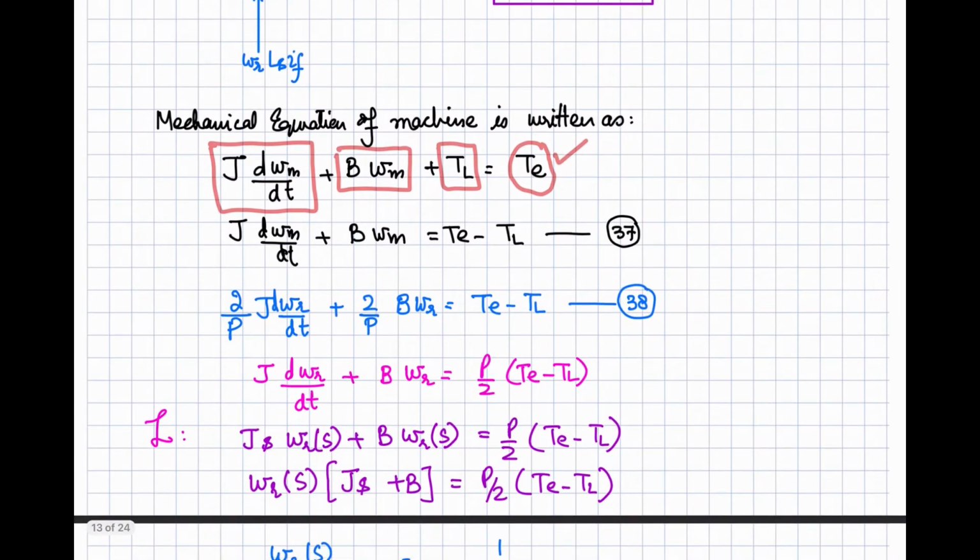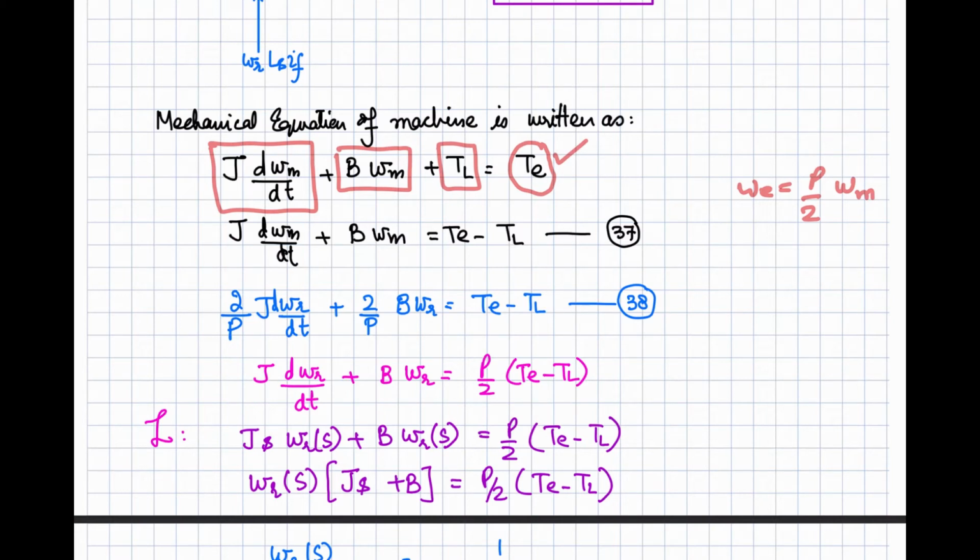And now we are going to write it in terms of the electrical speed, because this equation represents the mechanical part, and over here we have the mechanical speed, but you know that the electrical speed is linked with the mechanical speed by the factor P by 2. Theta electrical is P by 2 into theta mechanical, or the electrical speed is equal to P by 2 into the mechanical speed.